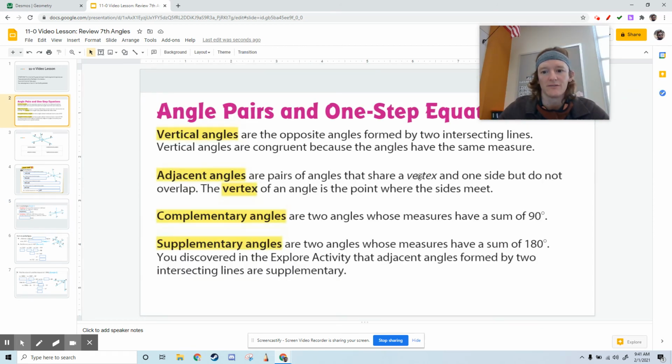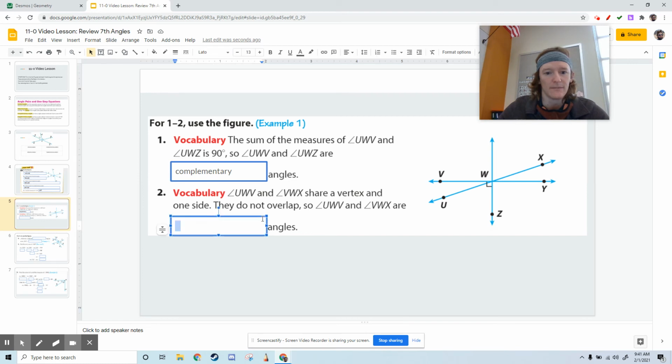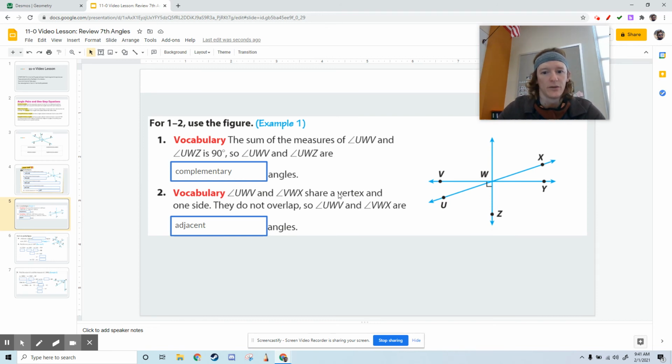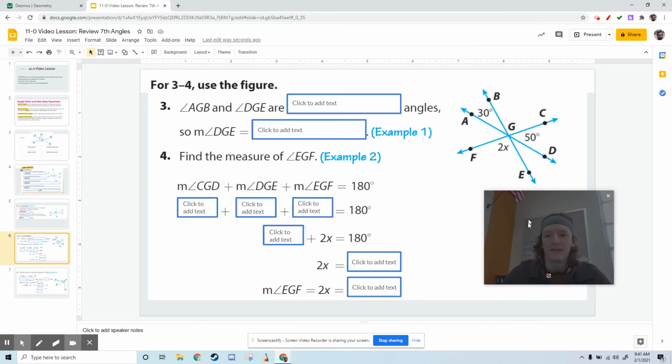Adjacent angles share a vertex and one side. And they do not overlap. So these are adjacent angles. Careful, they do look like they are also supplementary, but with this definition, they want us to say adjacent because that's what it said back here. Next page. Number 3, we have angles.